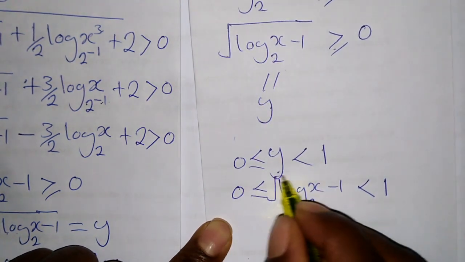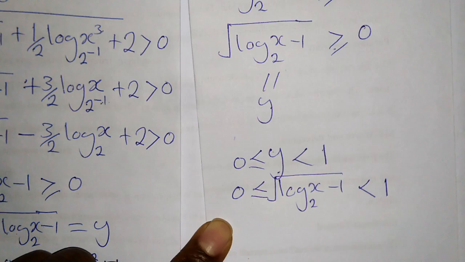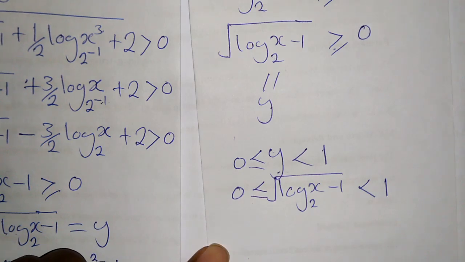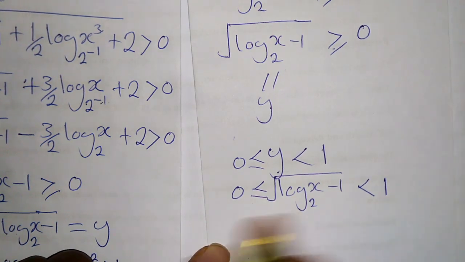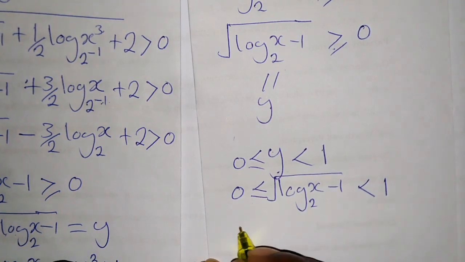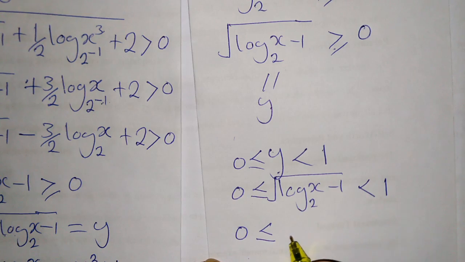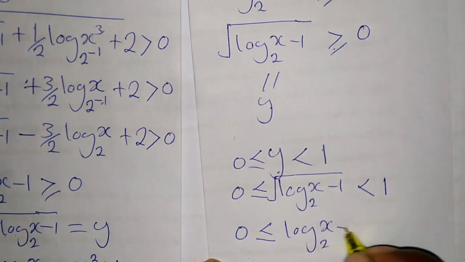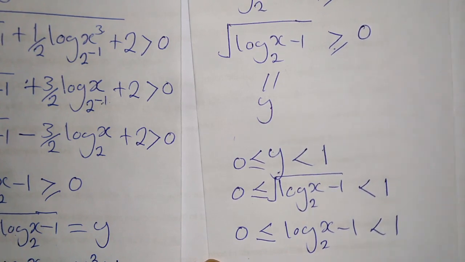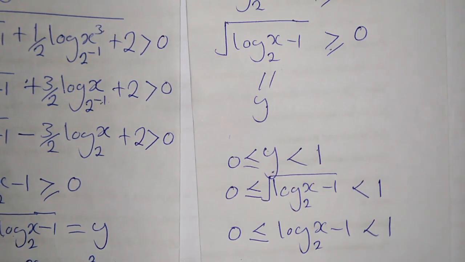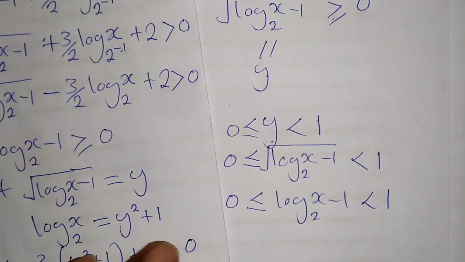Therefore, we have the square root here. Now, if we square both sides of this equation, we are going to have 0 less than or equal to log x base 2 minus 1 less than 1. We have the value of x.